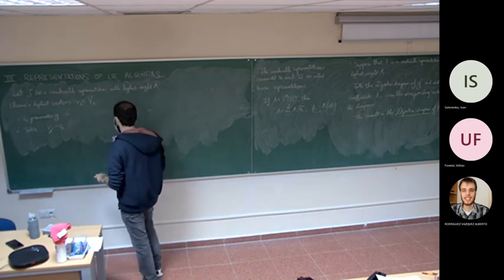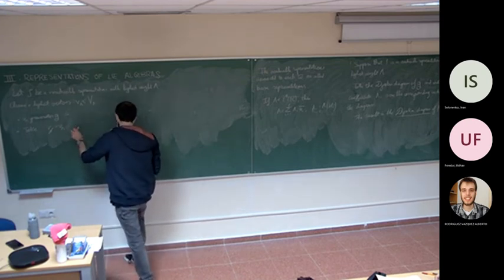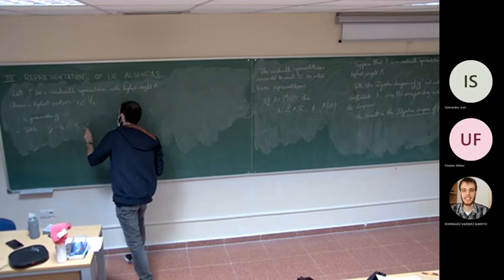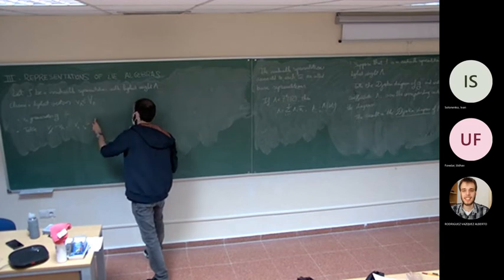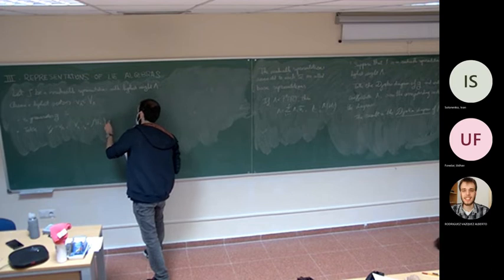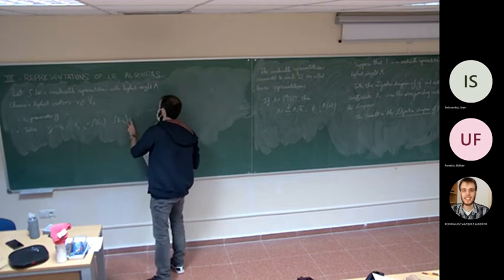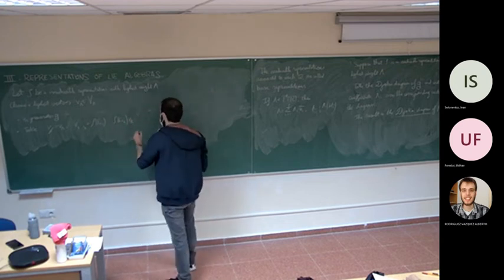On the other hand, we will call V i1 up to ik the result of applying the following transformation to v lambda: rho of E i1 up to rho of E ik applied to v lambda.